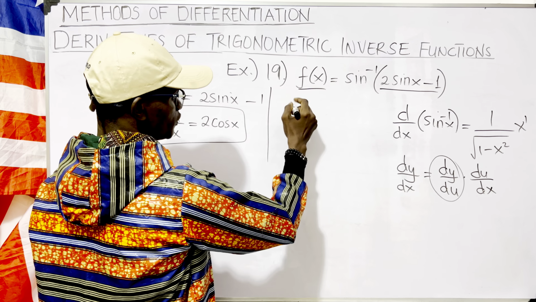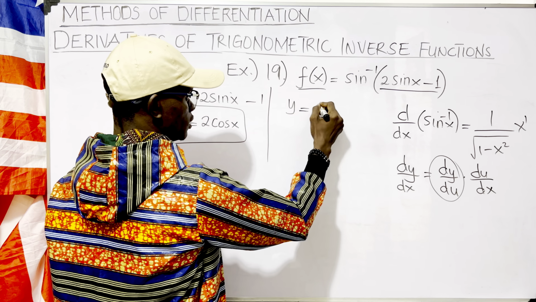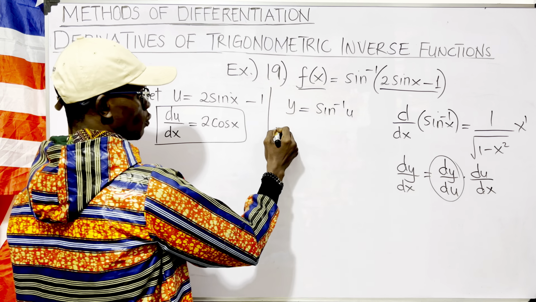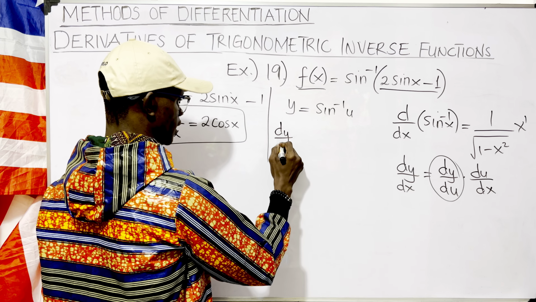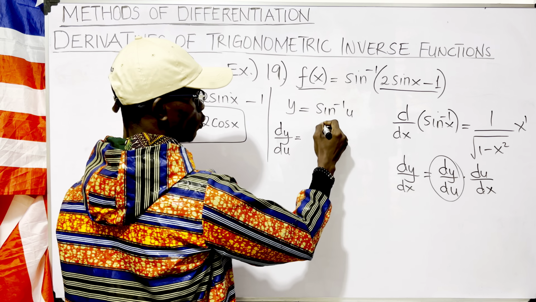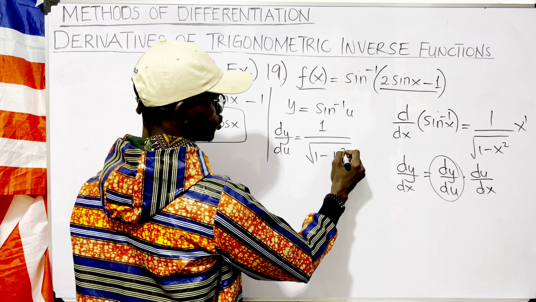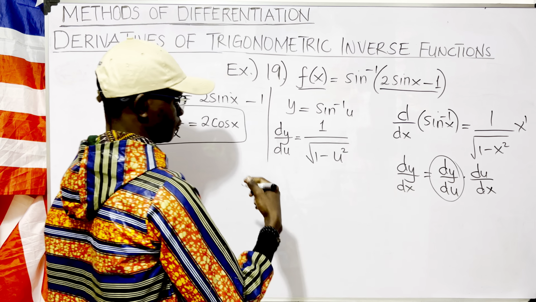So we can replace this with just y, and then this is just equal to sine inverse of u. So dy by du now would just be 1 all over the square root of 1 minus u squared, times the derivative of u, and the derivative of u is just 1.